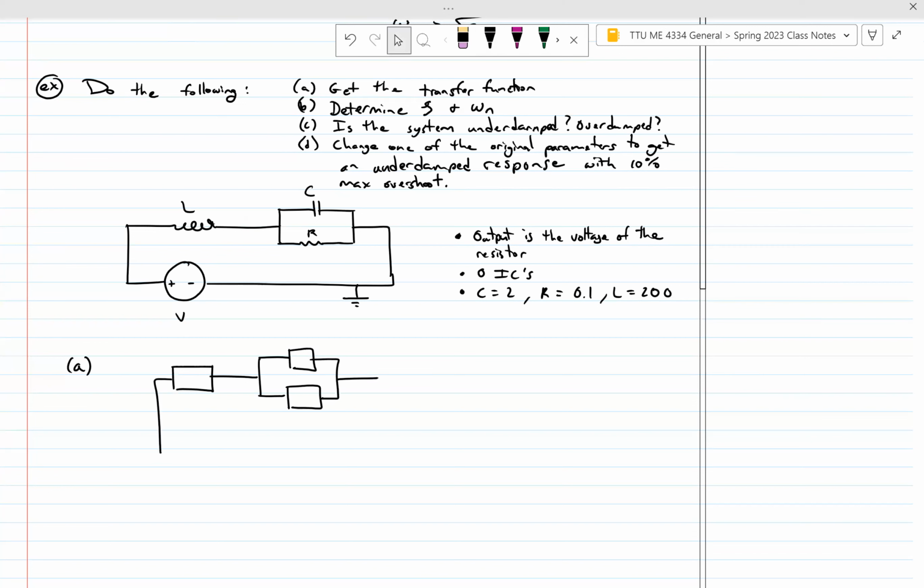What happens to the voltage source with our impedances? It remains the same, right? Except we would do a Laplace transform on it. So it'd be V of S. Okay, good starting point.